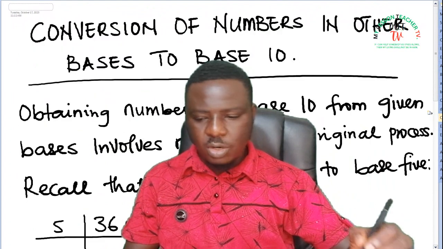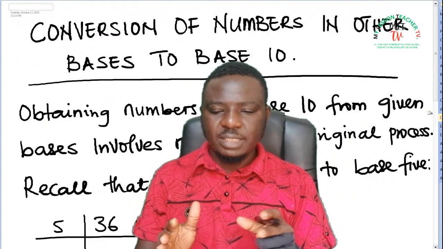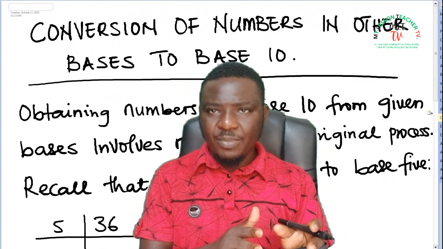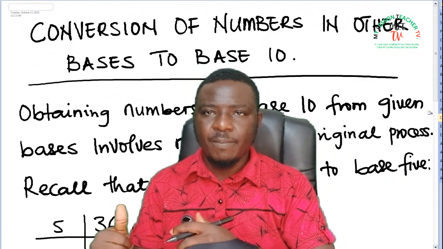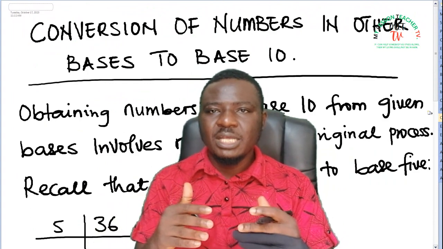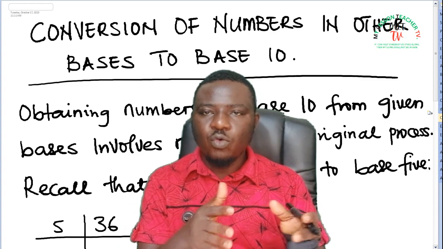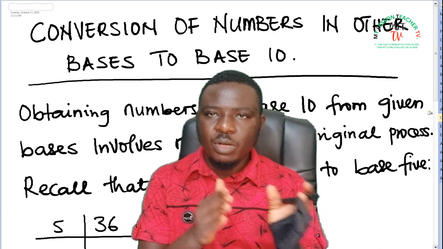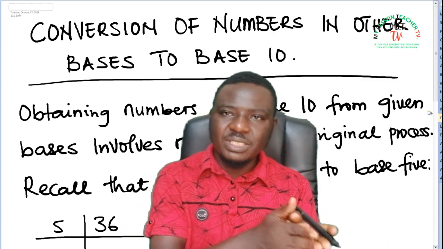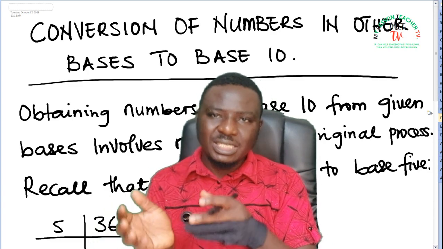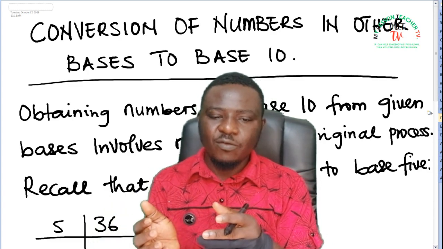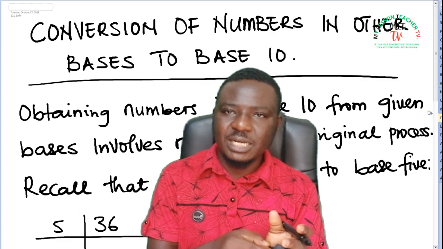In today's class, we shall be looking at how to convert numbers in other bases back to base 10. And this can be said to be the reciprocal of what we did at the last class. At the last class, we converted numbers from base 10 to other bases. But this class, we shall be converting from other bases back to base 10.